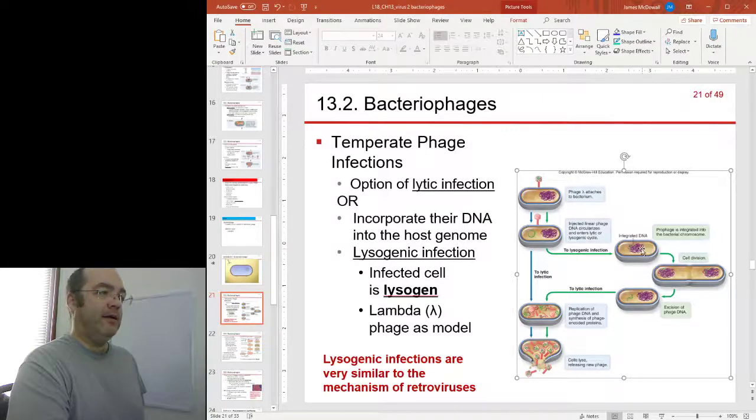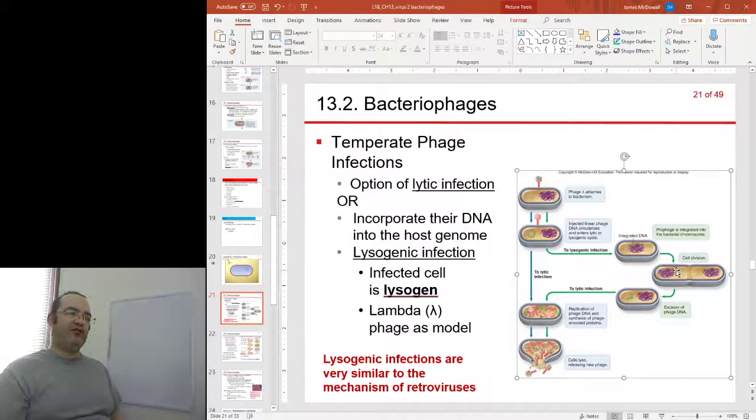The DNA that's been integrated into the host genome then often just rides around inside the cell. It rides around as the bacteria goes through cell division, binary fission.